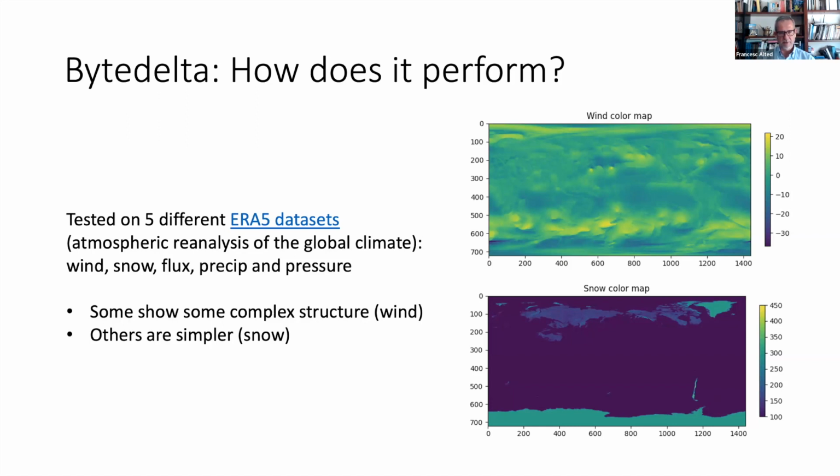So we chose 5 different things, like wind, snow, flux. So I don't remember. It's the radiation flux, precipitation, and pressure, which is typically what satellites are gathering this information.